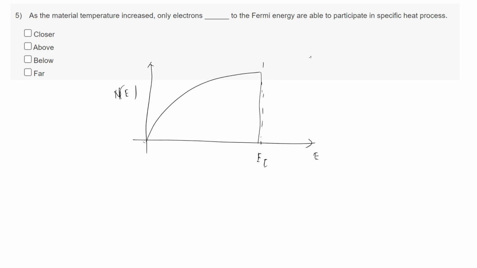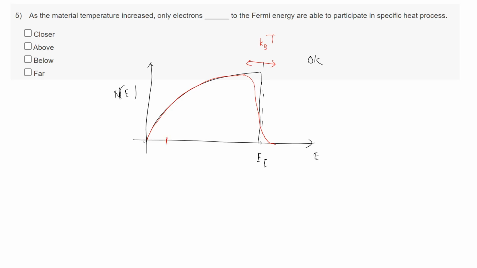This is at 0 Kelvin, and at a higher temperature it is like so. This is the k_B T range.